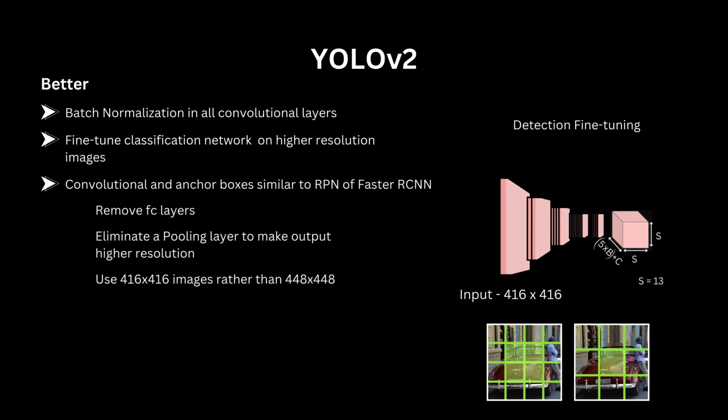The last set of changes in this group is to introduce anchor boxes and perform all predictions for each of the anchor boxes. Remember, in YOLOv1, we were only predicting one set of conditional class probabilities for each cell. That means one cell can only possibly predict one kind of object.